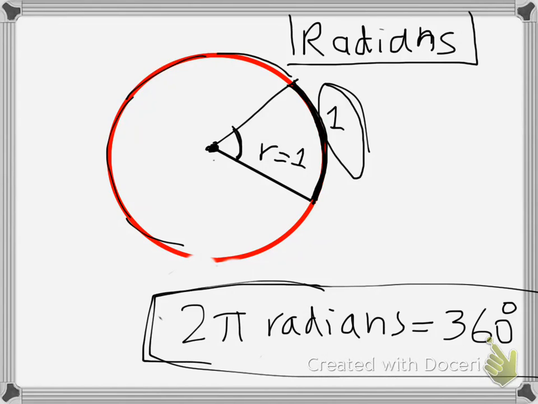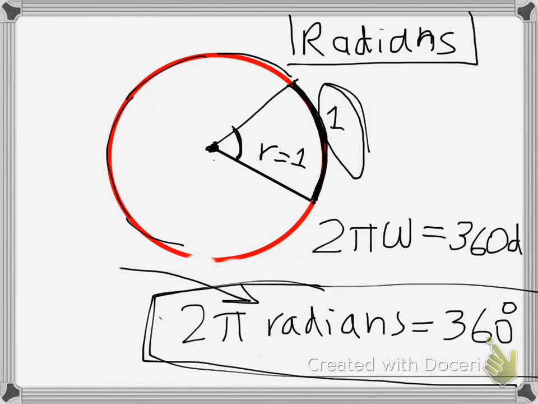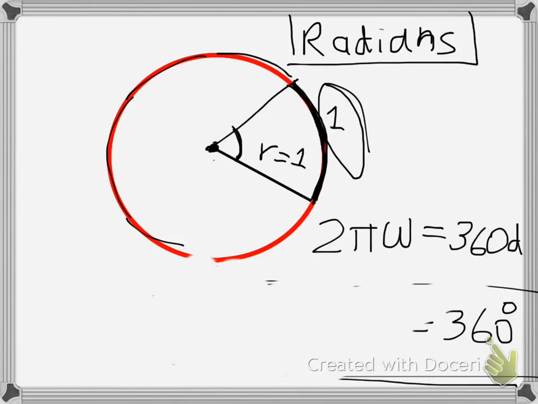So if 2 pi radians equals 360 degrees, let's say that 1 radian is W. So we're going to make 1 radian equal W. So we can say that 2 pi W, W is for radians, equals 360 D, D is for degrees. So 2 pi radians equals 360 degrees.